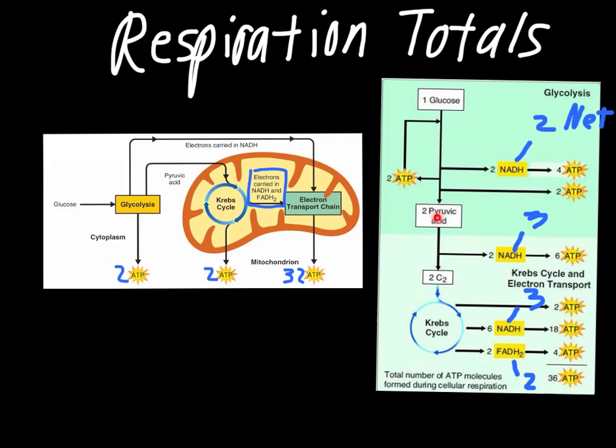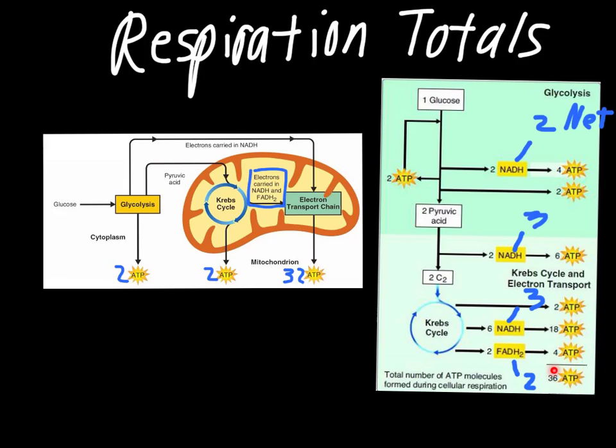And then you've got the 2 ATP made directly in the Krebs cycle, the 6 NADH that are worth 3 ATP each, giving us a total of 18, and then the 2 FADH2, which are worth 2 ATP each, giving us a total of 4. If you add up all of these numbers, you end up with 36 total ATP.